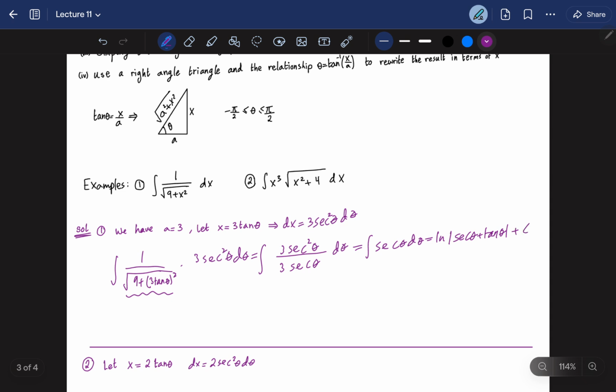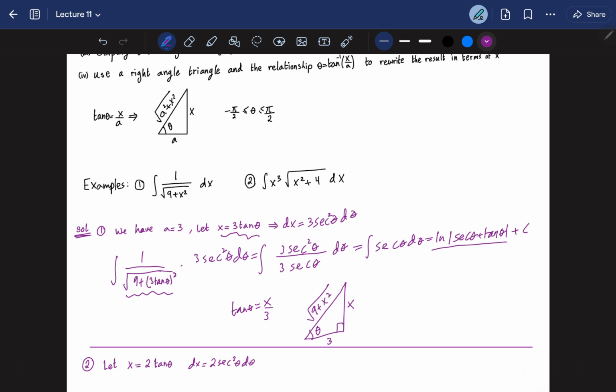of theta plus c. Now, if you want to get the answer in terms of x, you build a triangle with the substitution that you started with. So here tan of theta is x over 3, so opposite over adjacent, then Pythagorean. And now let's see.